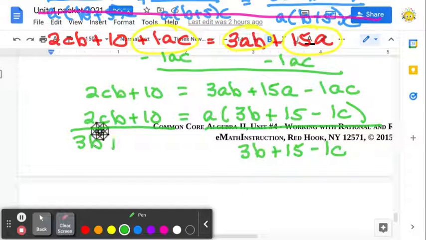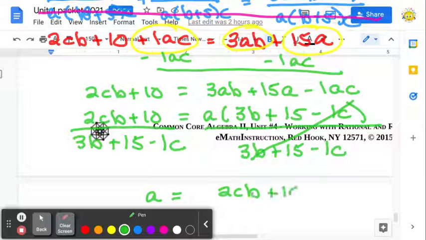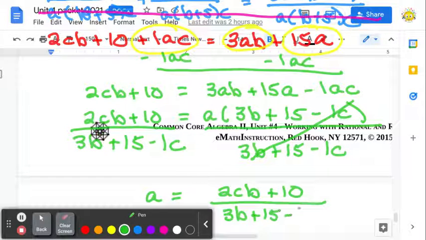Those cancel out. So you're left with A equals 2CB plus 10 all over 3B plus 15 minus 1C. So now I'm going to pause this, try page 33, and then I'll put the answers up for page 33.